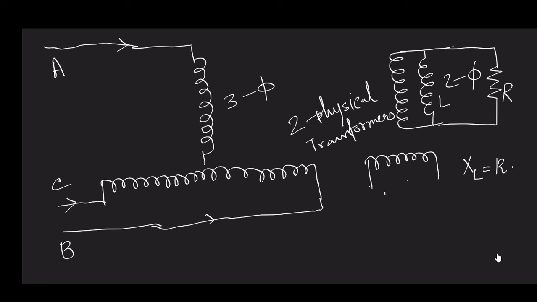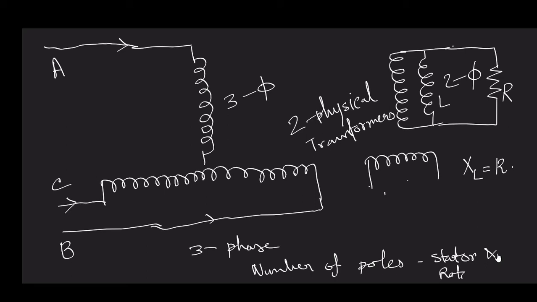So, by extending the same analogy, you can understand that in the case of a three-phase induction motor also, it is important that the number of poles between stator and rotor must be the same.